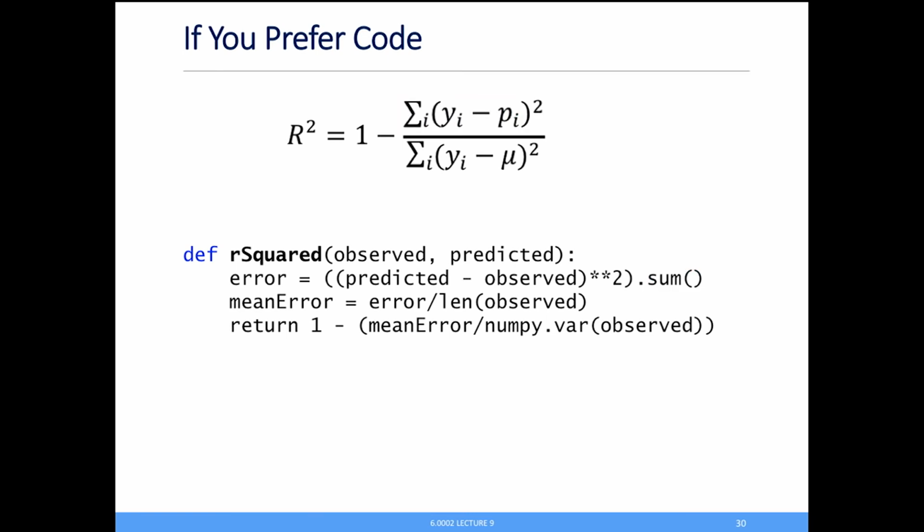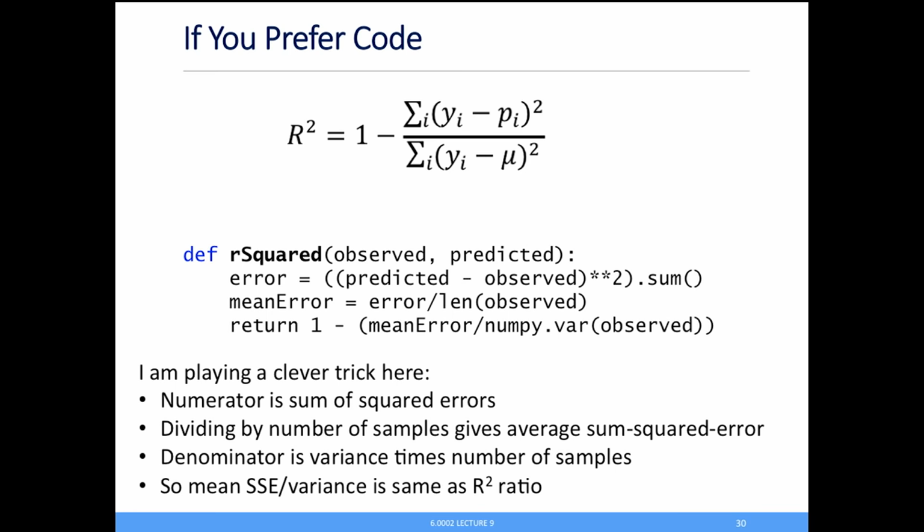And then I'm going to play a little trick. I'm going to compute the mean error, which is that thing divided by the number of observations. Why would I do that? Well, because then I can compute this really simply. I could write a little loop to compute it, but in fact, I've already said, what is that? If I take that sum and divide it by the number of samples, that's the variance.